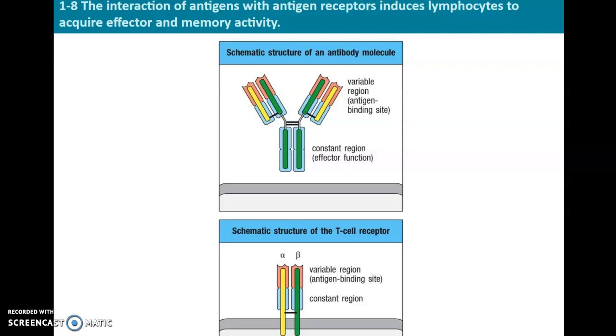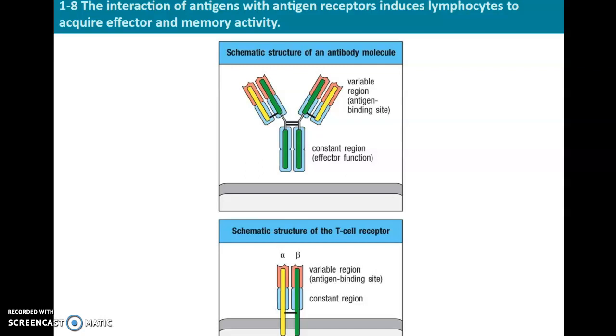T cell is a little bit different. One is that it's only two proteins, so it is 2 gene products, just like with the B cell receptor, but there's only going to be one each of those.